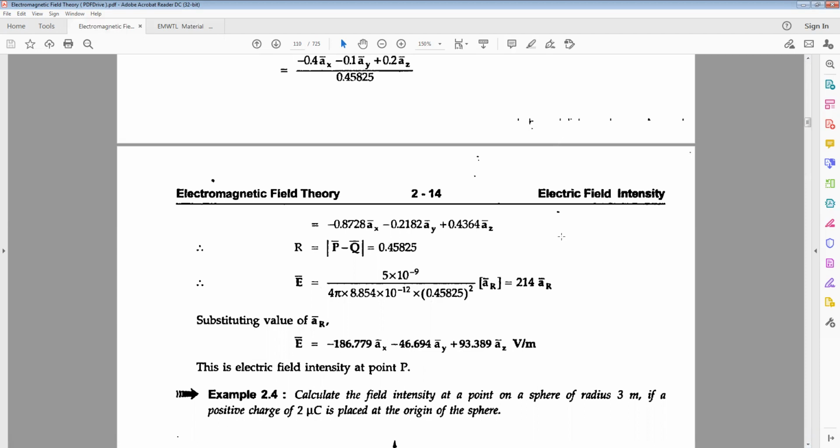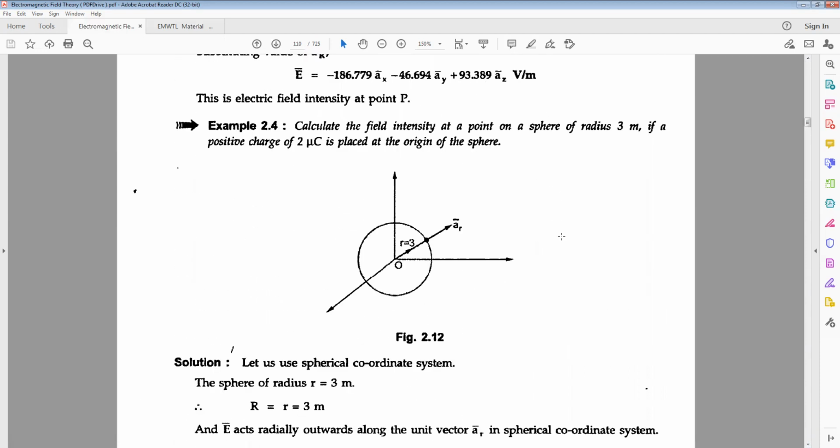Got it, my dear students? The next example is to calculate the field intensity, E bar, at a point on a sphere of radius 3 meters, if a positive charge of 2 microcoulombs is placed at the origin.